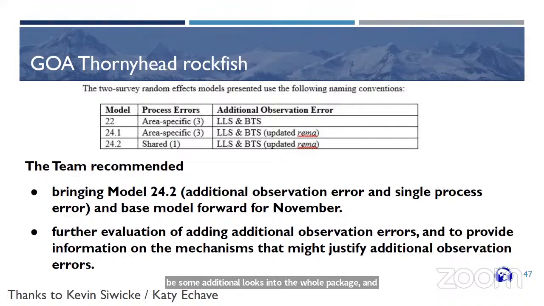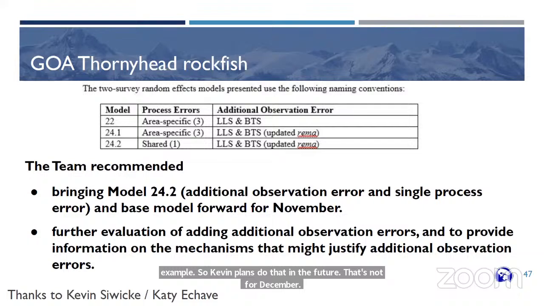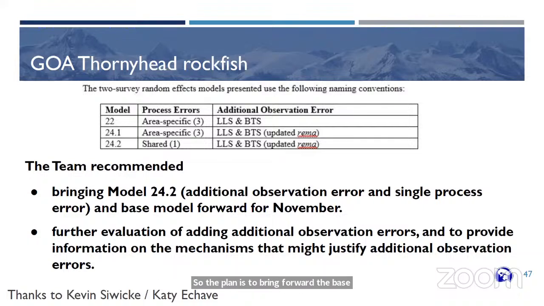So this isn't just thornyhead, but thornyhead was used as the example. So Kevin plans to do that in the future. That's not for December. So the plan is to bring forward the base model from last year as well as model 24.2, using what was outlined in his document. Okay, thanks. That helps. I think we're good on questions here, so go ahead.